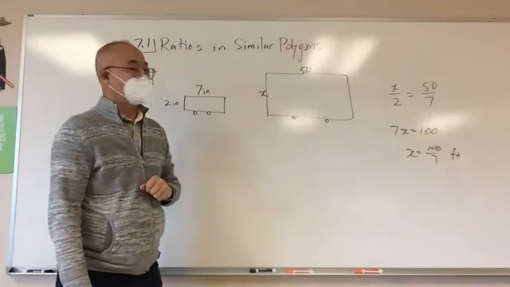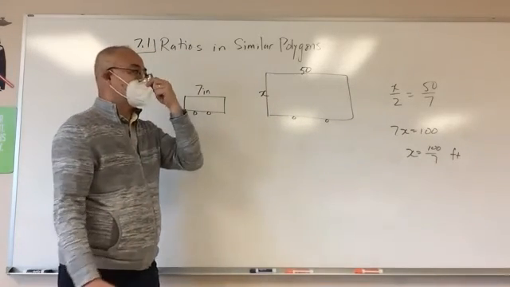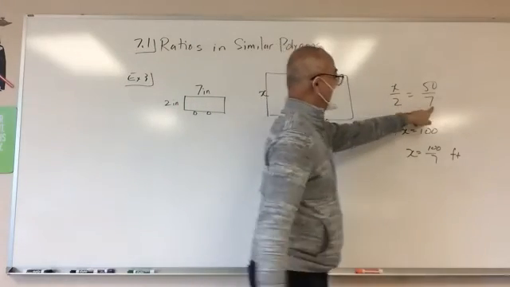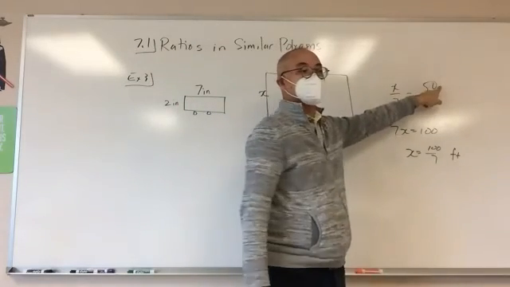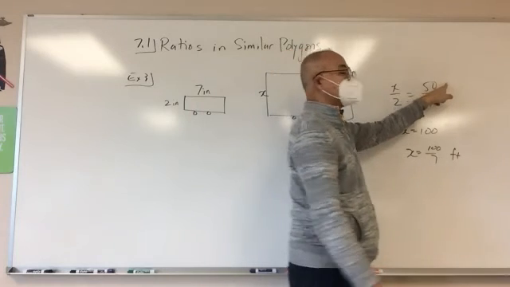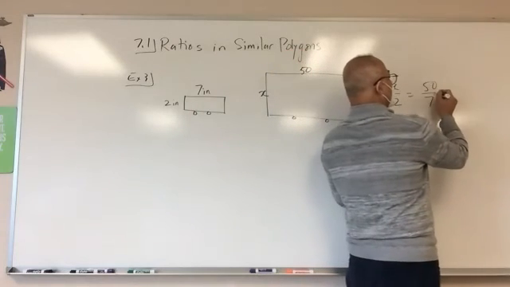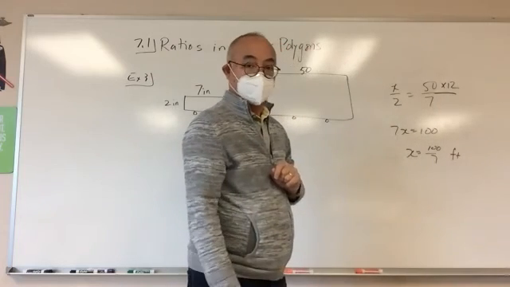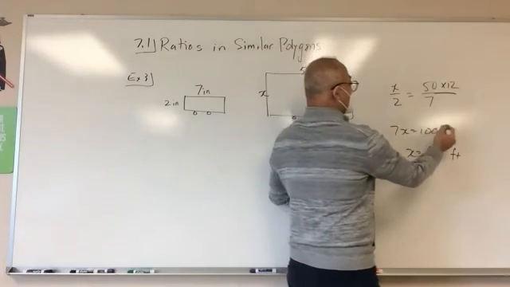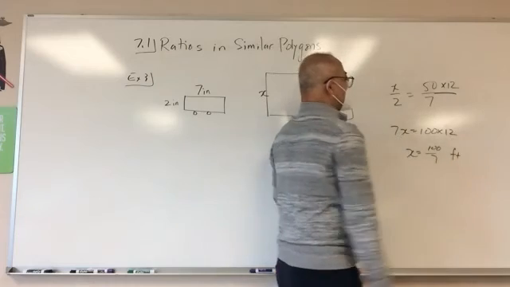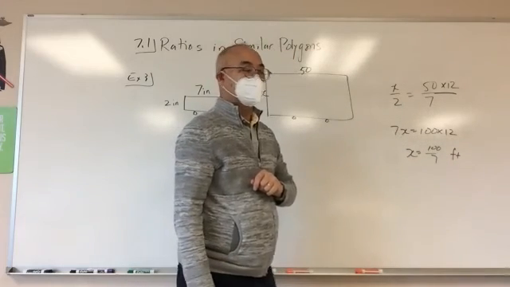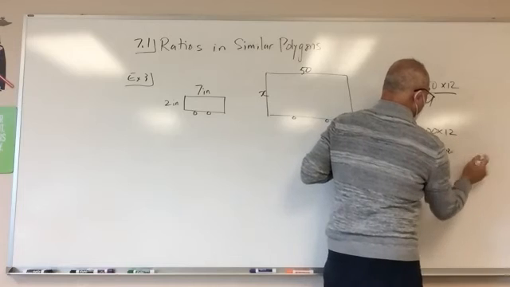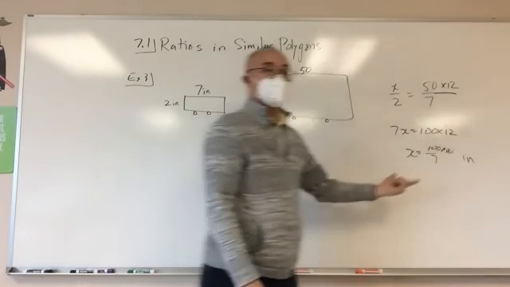Okay. So Carter's concern was that since this is in inches, wouldn't this guy have to be in inches also? Okay, so if I want to change this into inches, how many inches are there? Times 12 inches, correct? So then this guy here would be times 12, which means that my answer would be times 12, but in inches. It's the same thing, correct?